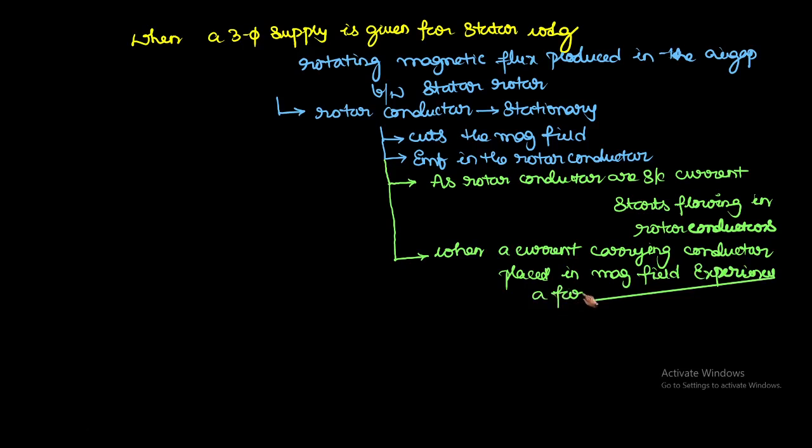That is what we use for the motor. The magnitude we already know by one more formula, and the direction of the force can be found by Fleming's left hand rule. So by using that you can find the direction of the force on the conductor. So it experiences some force.